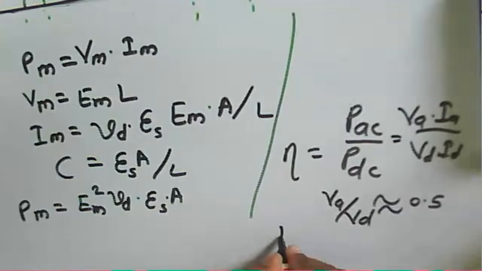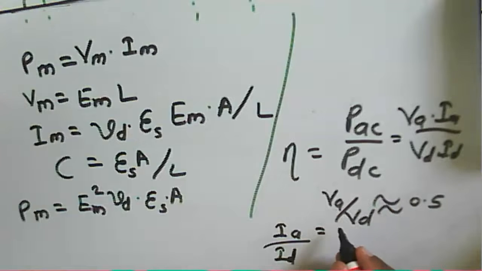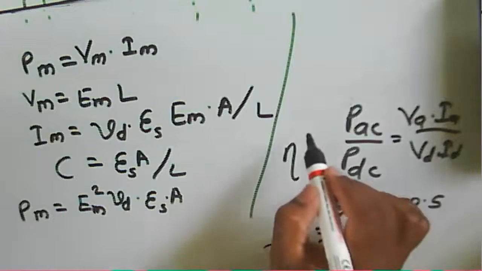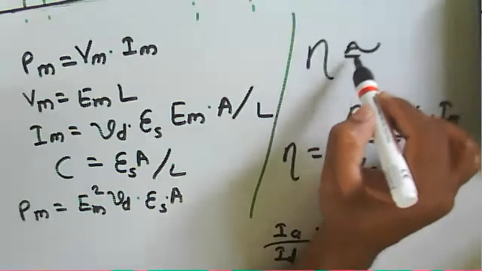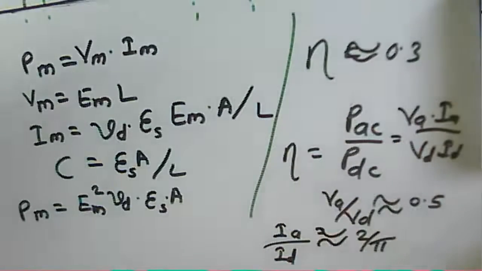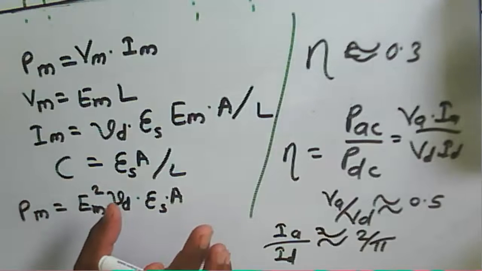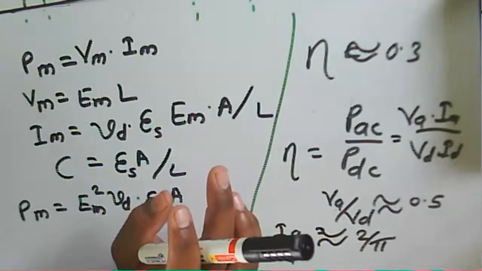Okay, and the ratio IA by ID is approximately equal to 2 by pi. So if you calculate the efficiency here, we'll get that the efficiency is approximately 0.3. Okay, that is about the efficiency of the read diode. So we say that a read diode has about 30% efficiency here.